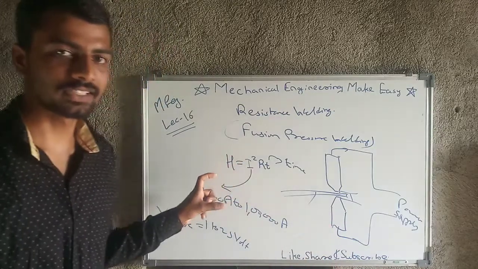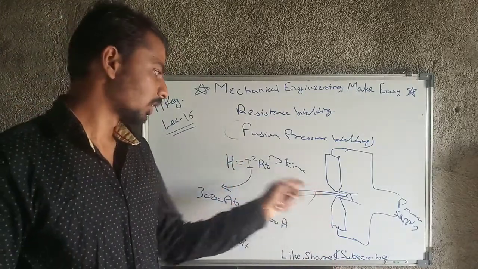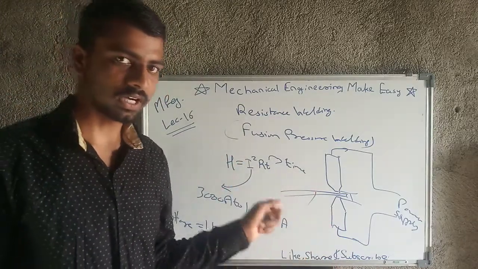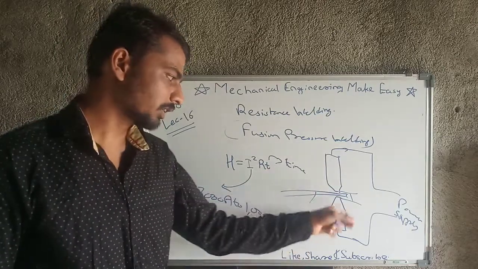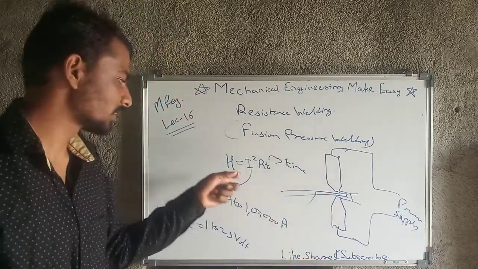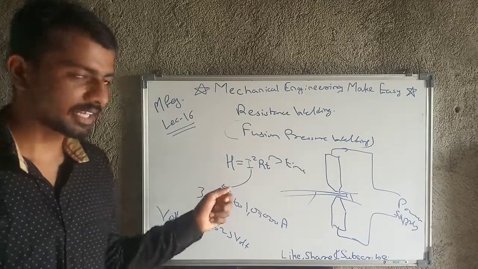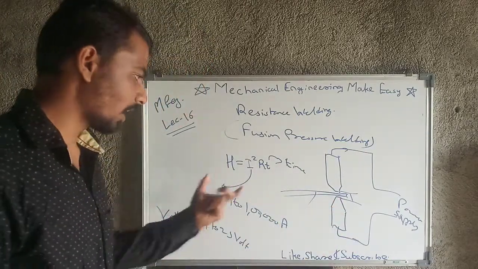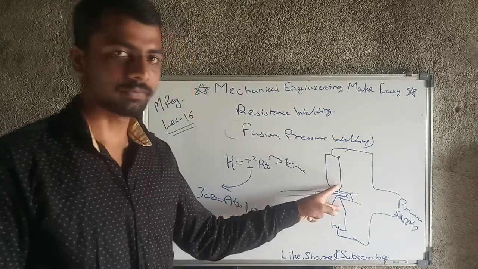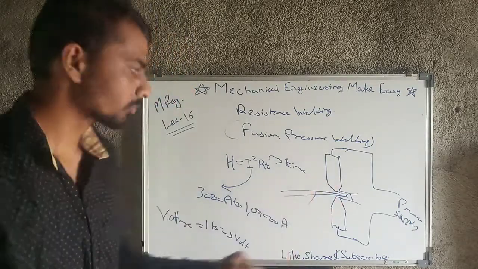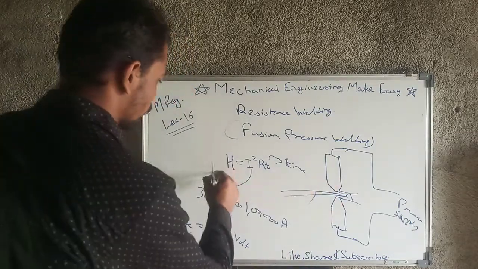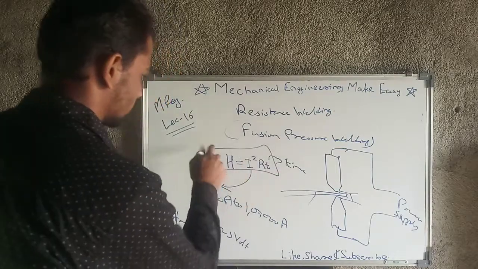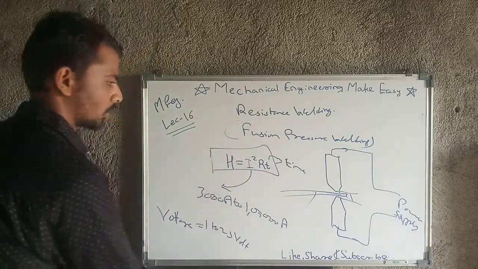If voltage increases, then the current will decrease, and if current decreases, then resistance heating will decrease, and ultimately heat generation will decrease. That's why we should have low voltage and high current condition for proper and maximum heat generation. So this formula is too much important. Make a star mark to this formula and note it down.